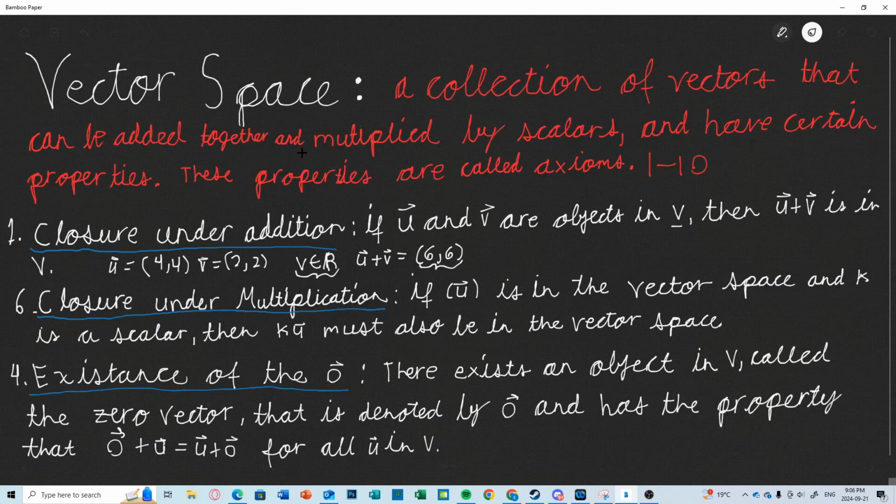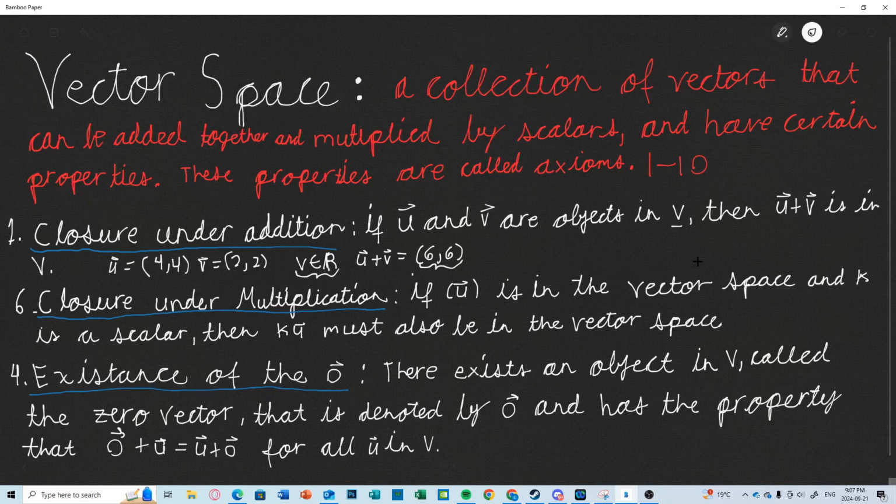Our next one that we're going over is closure under multiplication, which is that if our vector u is in the vector space and k is a scalar, which just means any number, then k multiplied by the vector u must also be in the vector space.